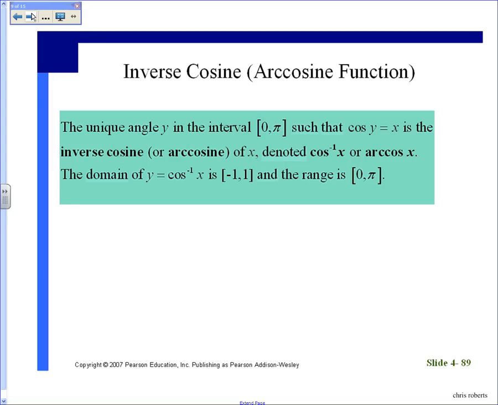So again, similar notation, inverse cosine, arc cosine. We have an angle now that has to be between 0 and pi. So when we look at inverse cosine functions, we're only talking about the first and second quadrants. Your acceptable answers will be in the first and second quadrants, from 0 to pi.